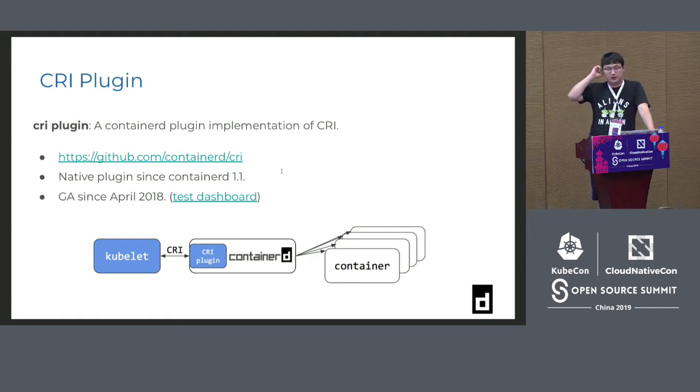So if you have the containerd binary, it's supported. It doesn't matter if it's self-built or used via Docker, which is part of containerd. You will have CRI support loaded. In April 2018, it's production ready.